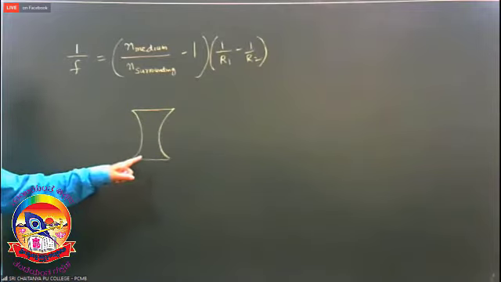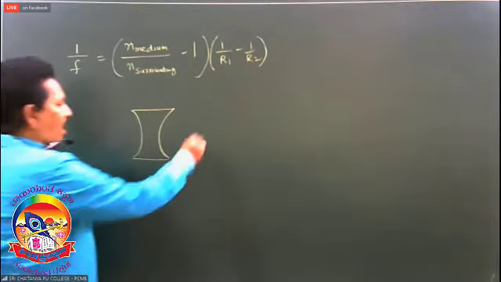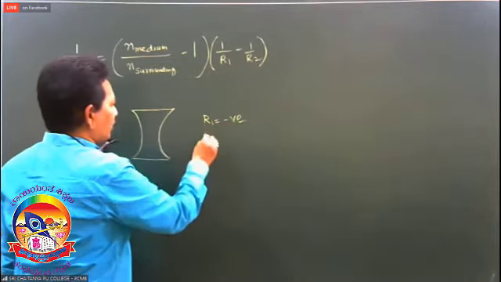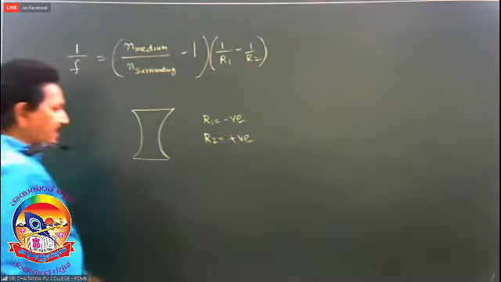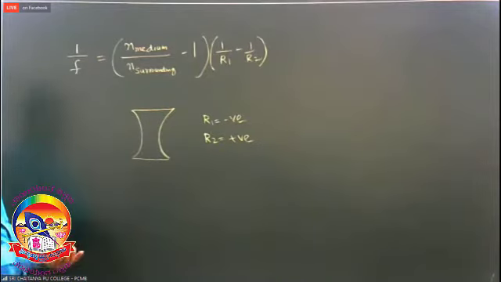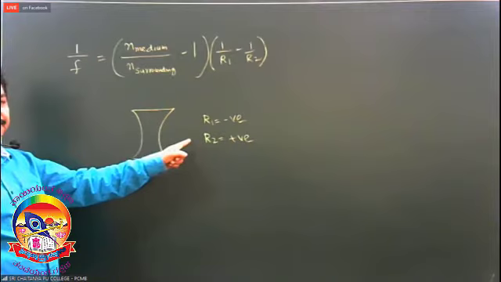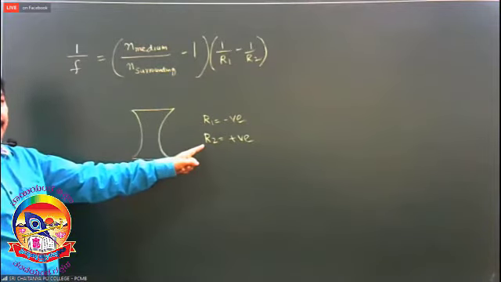For a biconcave lens, the R1 value is negative and the R2 value is positive, because the center of curvature for the first surface is on this side, measured opposite to the direction of the light ray, and the center of curvature for the second surface is on this side, in the direction of the light ray. So for a concave lens, R1 is negative, R2 is positive.